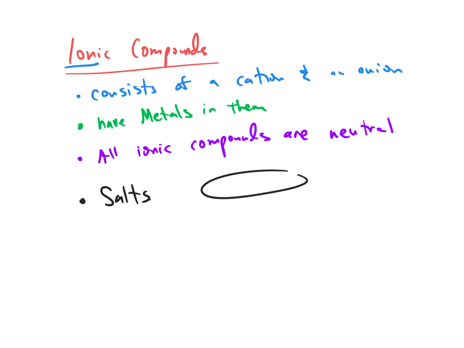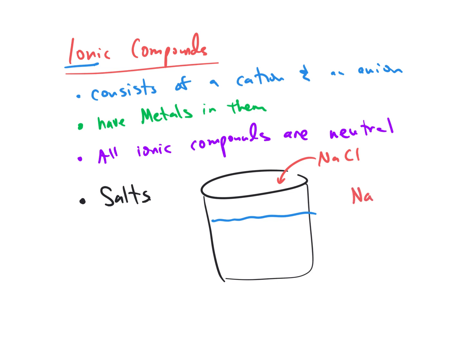And what happens when salt dissolves on the molecular level? I'm just going to draw this little container here. You've got water in there, and I have this sodium chloride, and I'm going to throw it in here. Well, it splits back apart. So originally, how many valence electrons does sodium have? Look at the periodic table.